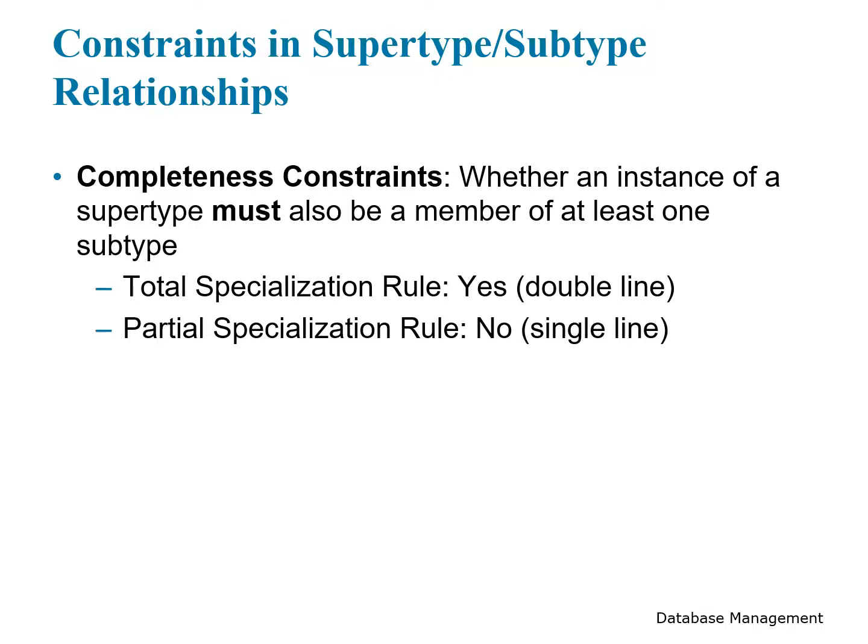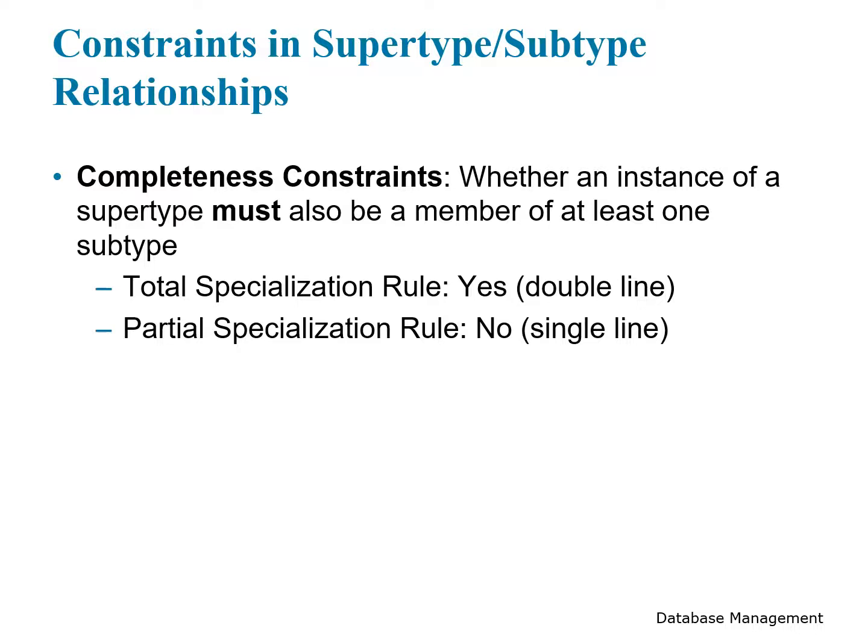Constraints in supertype-subtype relationships. Completeness constraint: whether an instance of a supertype must also be a member of at least one subtype. Total specialization rule, yes, double line. Partial specialization rule, no, single line. So there are two types of constraints in supertype-subtype relationships.